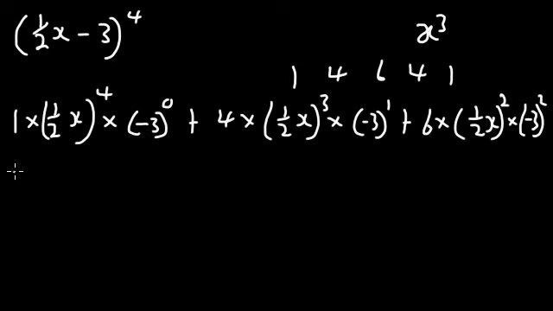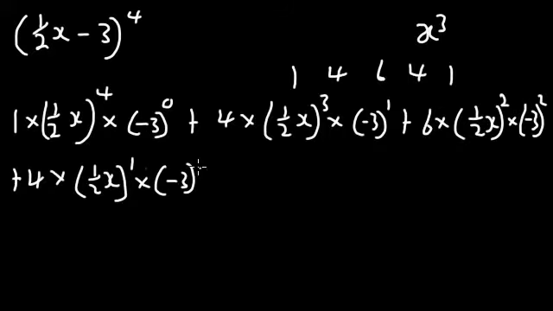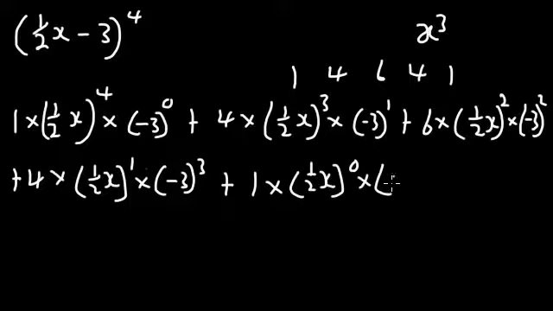That makes sense. Again plus 4 times half x raised to the power of 1. Again multiply by negative 3, raised to the power of 3. And finally plus 1 times half x raised to the power of 0. Then again multiply by negative 3 raised to the power of 4.